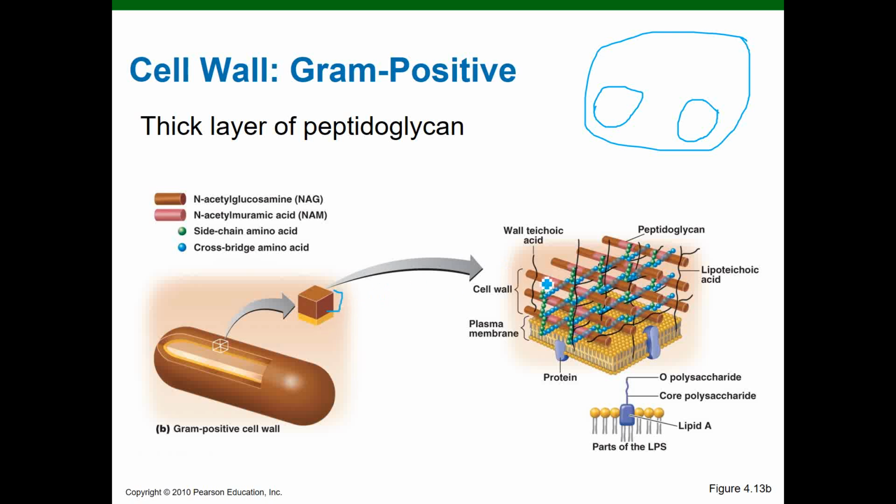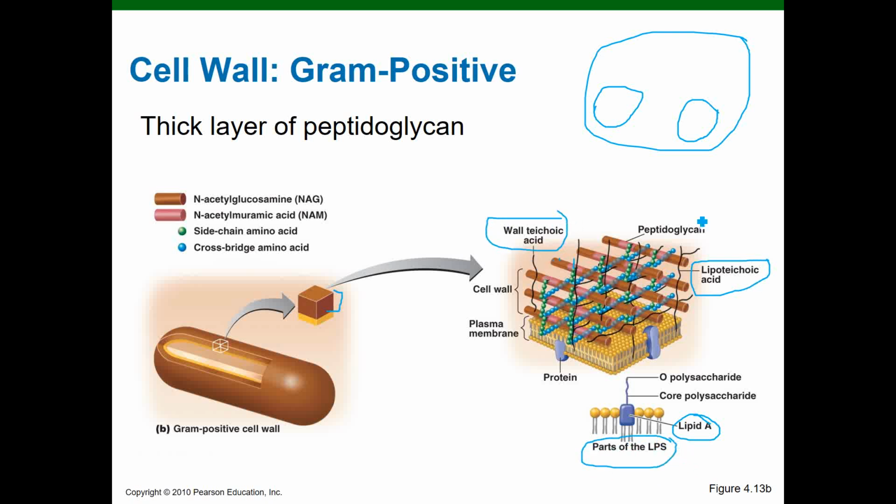If we zoom in on that, you can see the repeating NAG and NAM subunits, right? There are other components in this huge chunk of peptidoglycan that are going to be important for us later on. Lipoteichoic acid, right? Lipid A spread throughout. When your body sees Lipid A, it knows immediately there's a bacterium present. Teichoic acid is another one.